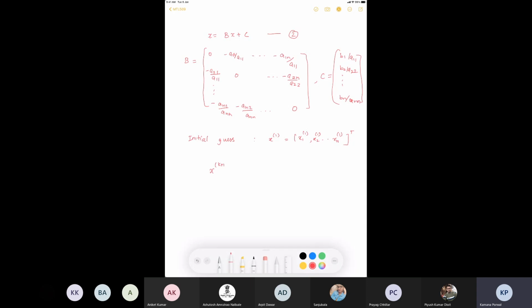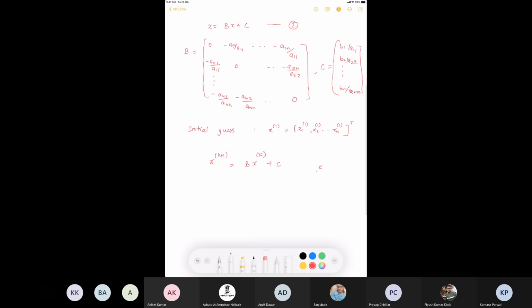The (k+1)th iterate is given by B times x^(k) plus c, where k is greater than or equal to 1.